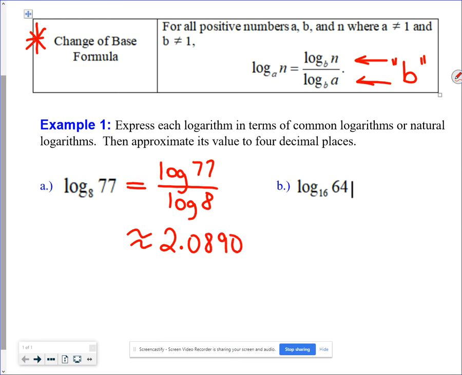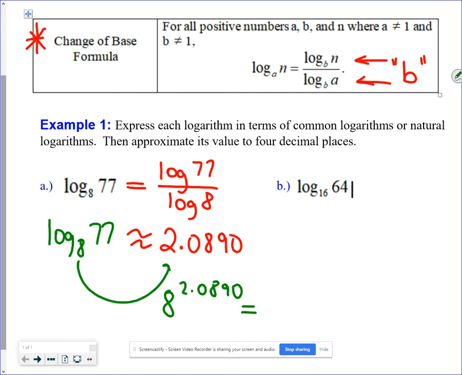2.0890. And if you wanted to check this and make sure you did it right, basically we have this. Log base 8 of 77 is about 2.0890. What we could do is we could do the circle of life. So we could say 8 to the 2.0890 and see if that does equal 77.